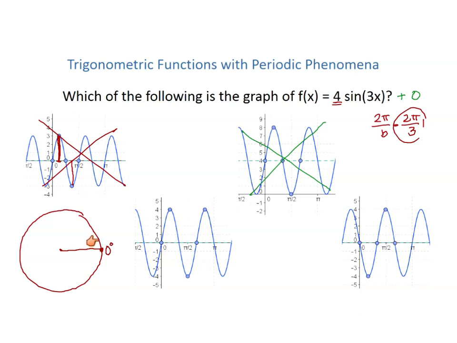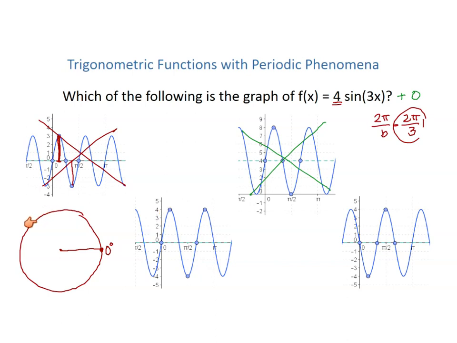As I start to take this angle and increase it, my point is getting higher and higher until it reaches a max of 1, right? It's increasing. My sine value is increasing. So I should look for the graph where the y value, or the sine value, is increasing first.